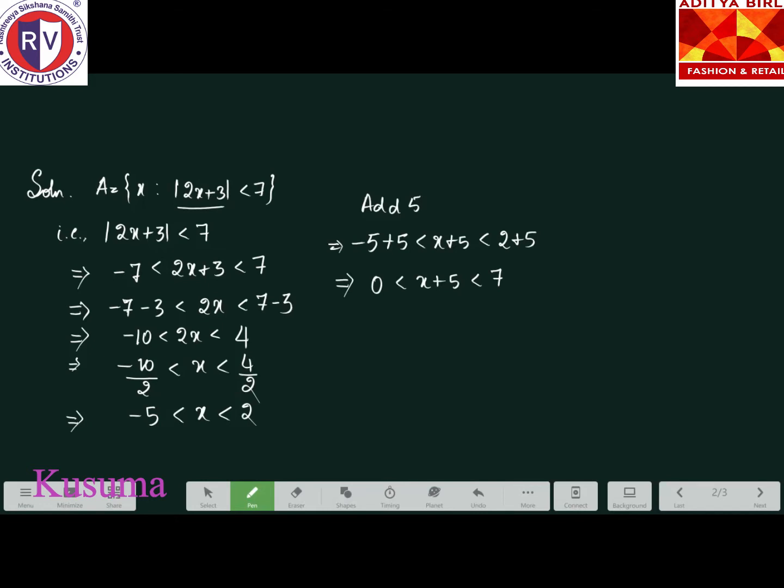So the set given in the option A is equal to the set A equals x such that mod 2x plus 3 is less than 7.